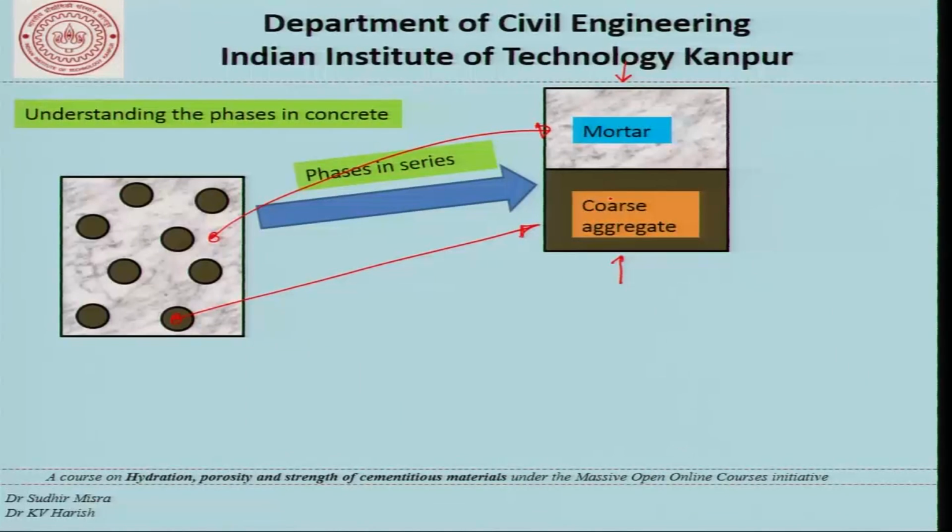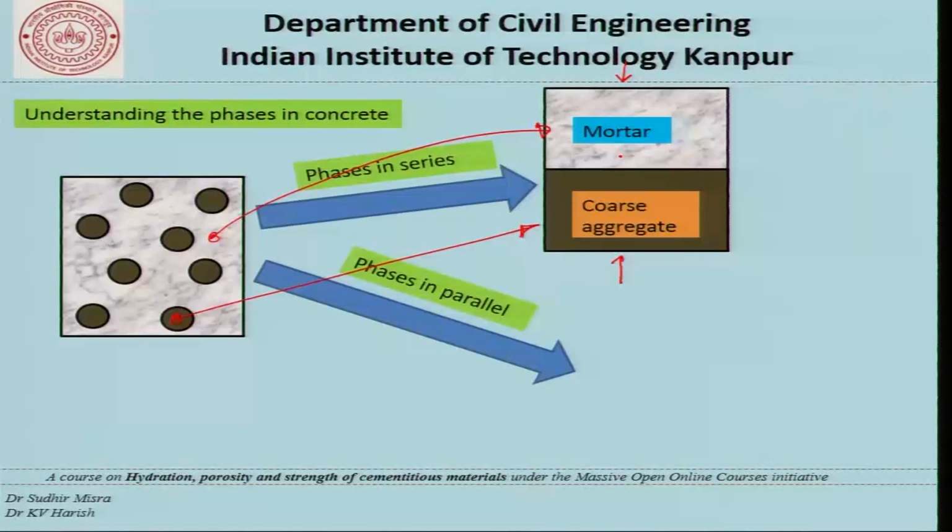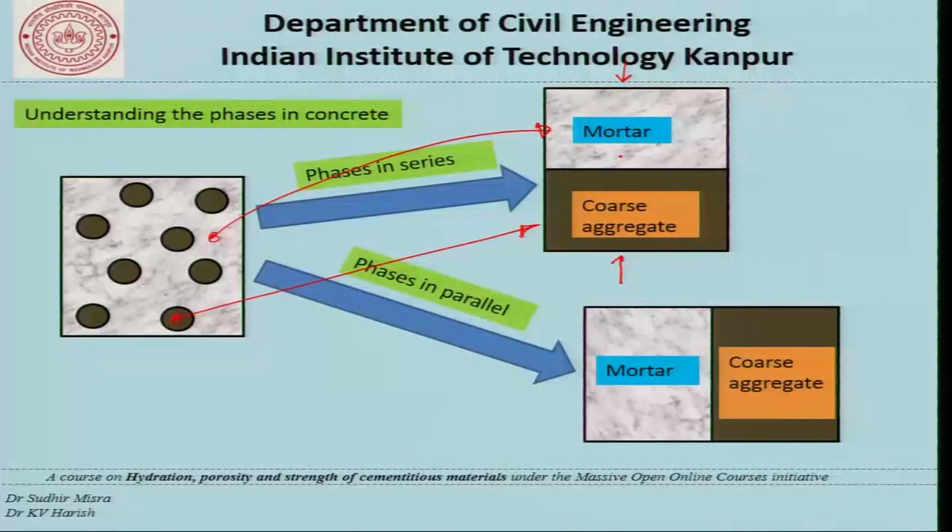And these two phases are in series as far as the load application is concerned. Another representation could be when the phases are in parallel. Now what that means is that we have a situation like this, where the same mortar is placed here, and the coarse aggregates are placed here, and the load is applied this way.